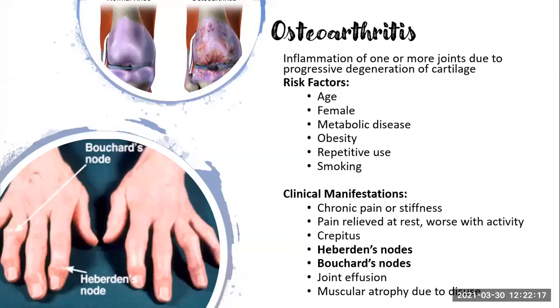So let's talk about disorders. Osteoarthritis is inflammation of one or more joints, and it is due to a degeneration, destruction of cartilage. Cartilage, remember, is that soft, flexible, cushiony tissue.